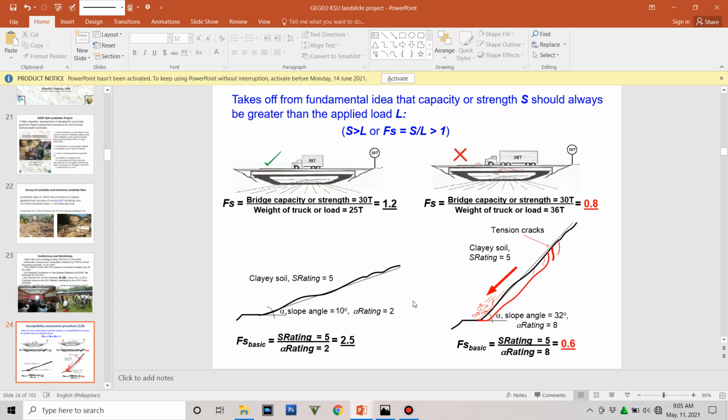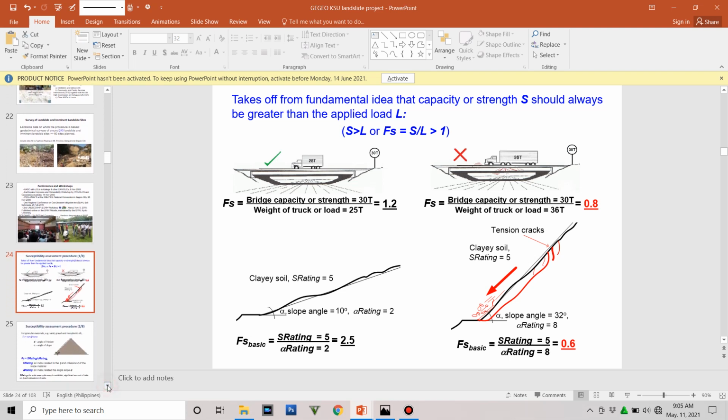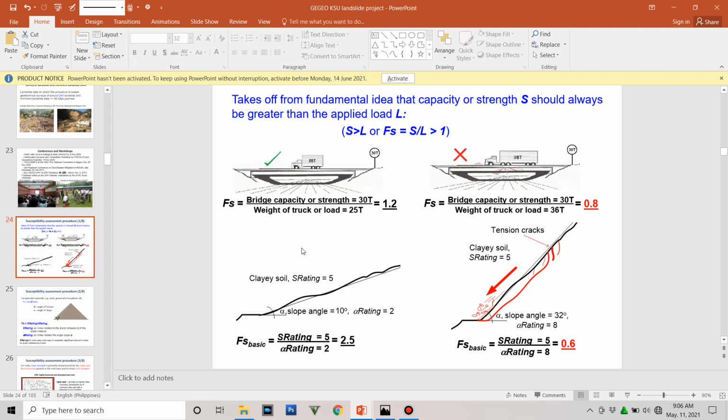Remember that the safest factor of safety, or the minimum factor of safety, should be equal to 1. A value that is less than 1, of course, fosters danger to the slope. Okay, so this is the theoretical concept that will be the basis of the study.